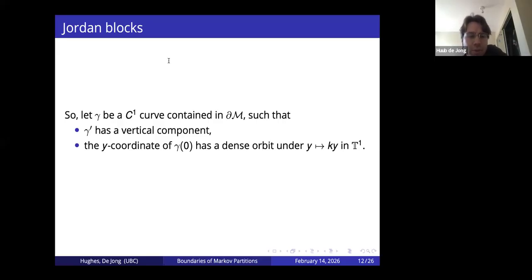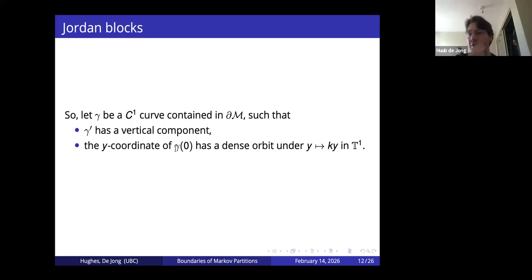By the lemma, I'm going to make it so that gamma 0, the base point of the curve, has a dense orbit under the k times multiplication map. So the y coordinate is dense in the vertical direction. Really this should be the projection from R2 onto the torus, and then the projection onto the y-axis, but for the sake of notation, I hope it's clear like this.